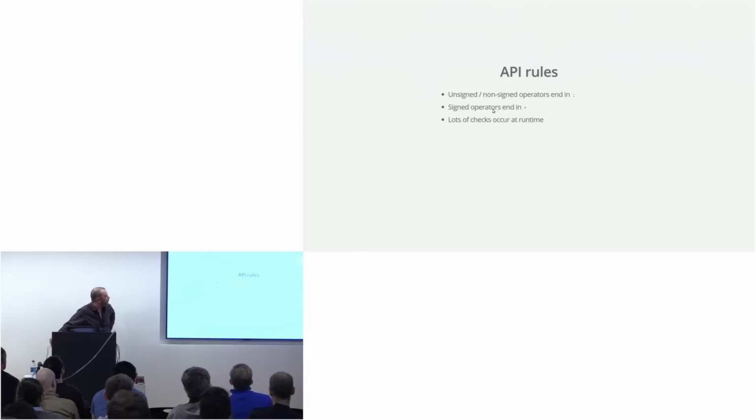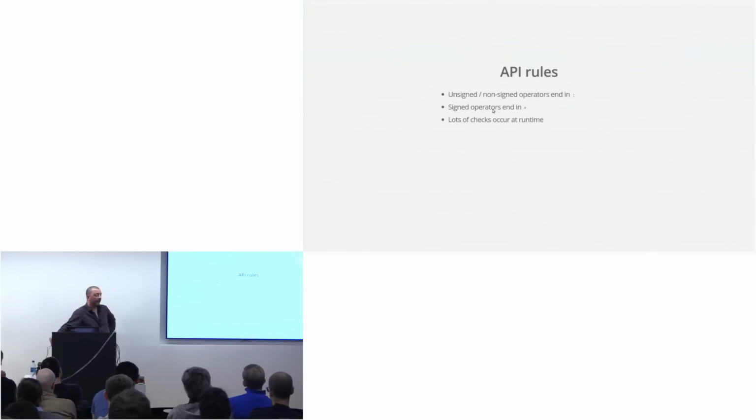Okay, so the general rules there: if the operation is unsigned or doesn't care about the sign, it ends in a colon. In a few cases, the operator ends in a plus. That's where you have to care whether it's signed or unsigned. Multipliers are an example of that. An unsigned multiplier has a different architecture to a signed multiplier. Similarly with comparisons.